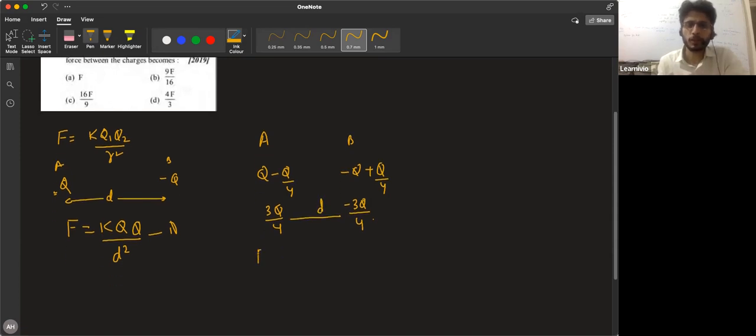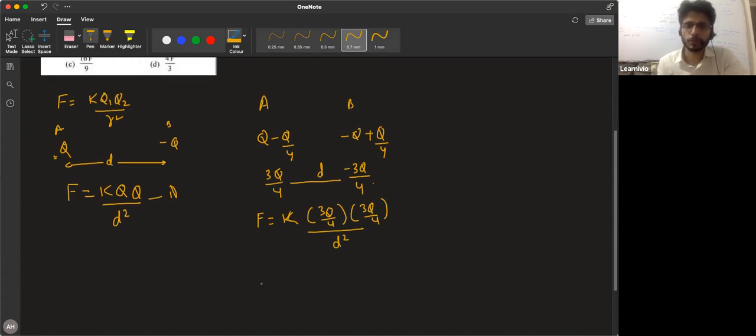Now let's calculate the force again. Force is K, Q1 is 3Q by 4, Q2 is 3Q by 4, divided by d square. So force will be 9 by 16 KQ square over d square.